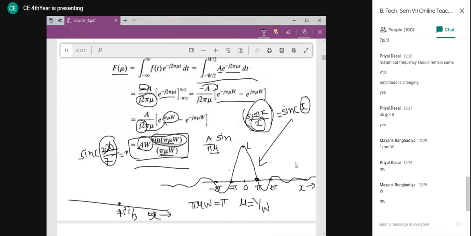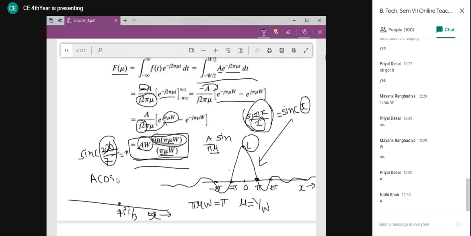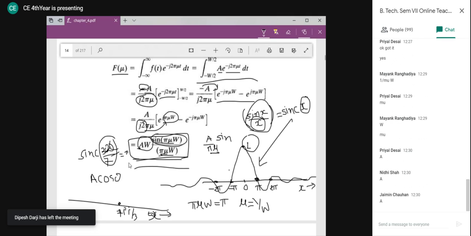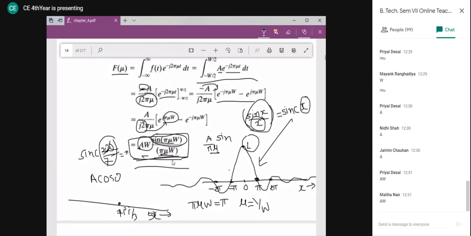Now, what about amplitude? What will be the amplitude? Will it be 1? It is AW sinc. I want to plot the entire one. If I have A cos theta, the amplitude is A. So if I say it is AW sinc x, the amplitude of the curve is AW.